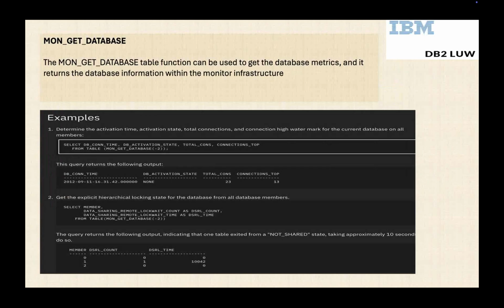Now, coming to MonGet database. Whatever is happening in the database, if you want to check important fields, determine the activation time, activation state, total connections, and connection high watermark, all those fields. Just select the needed fields from MonGet database. If you want the explicit hierarchical locking state for the database, just query it.